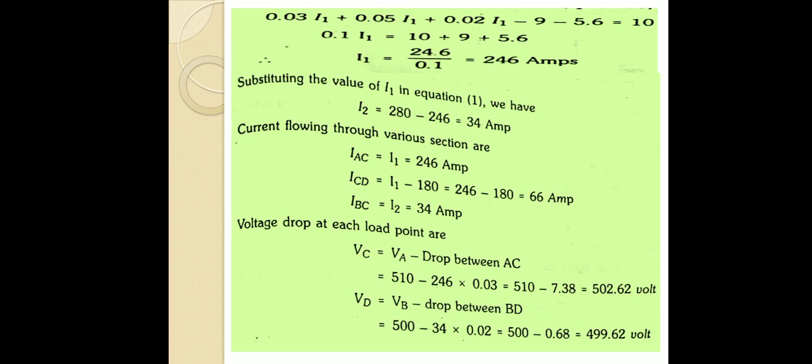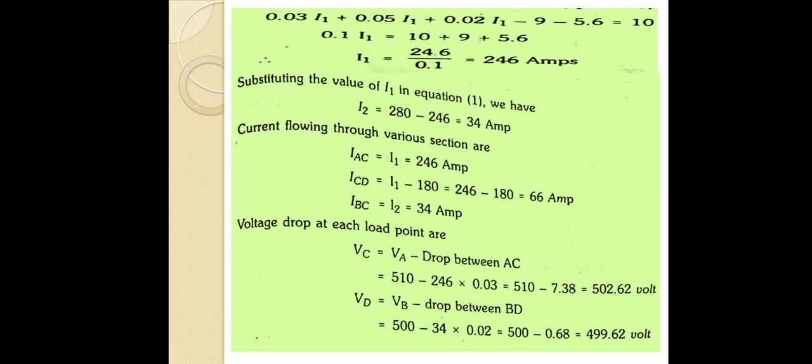Now you can calculate the voltage drop at each load point, that is VC and VD, the loads being at C and D. VC is equal to VA minus the voltage drop in the section AC, where VA is 510 and we use the current in that section, 246, and its resistance, which gives 502.62 volts.